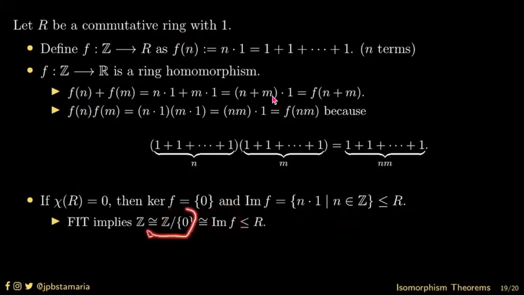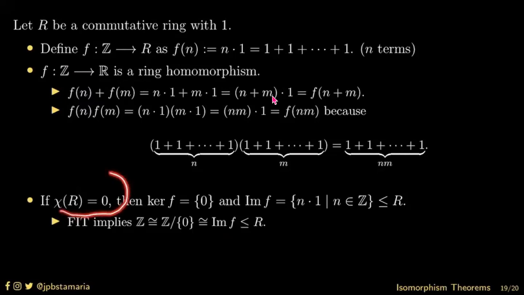But Z modulo the kernel, or Z modulo 0, is just isomorphic to Z. Naturally, because when your ideal is 0, you just partition Z into singletons. So basically, it resembles Z. What does this say? The image of f, which of course is inside R, is isomorphic to Z. This means R has a subring isomorphic to Z. Understand?